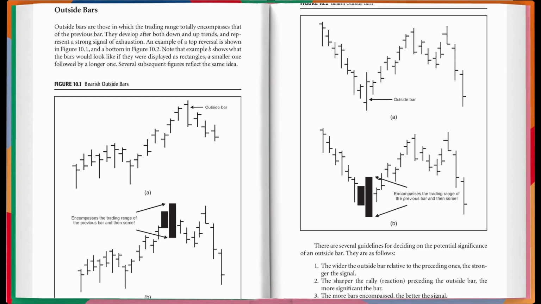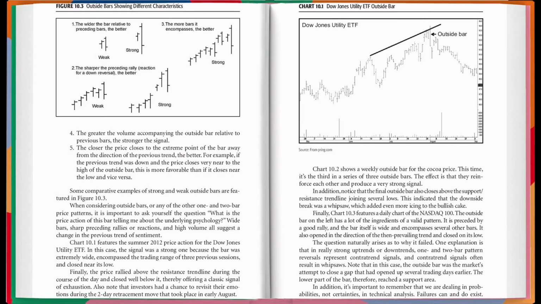There are several guidelines for deciding on the potential significance of an outside bar. They are as follows. 1. The wider the outside bar relative to the preceding ones, the stronger the signal. 2. The sharper the rally reaction preceding the outside bar, the more significant the bar. 3. The more bars encompassed, the better the signal. 4. The greater the volume accompanying the outside bar relative to previous bars, the stronger the signal. 5.